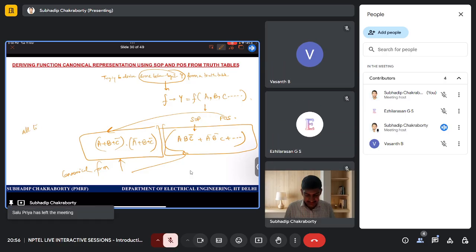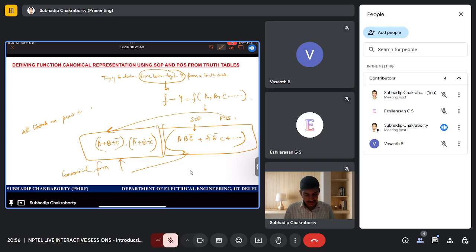If all literals are present in individual terms, then that Boolean function is a canonical representation in SOP or POS form. But I need to have all the literals in individual terms. Then only it will be a canonical SOP or canonical POS representation. If not so, then it is a reduced order form.